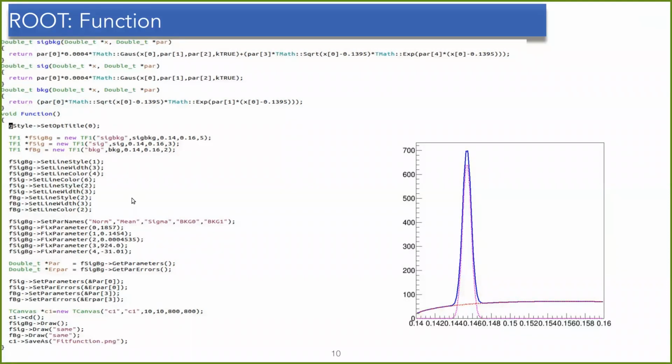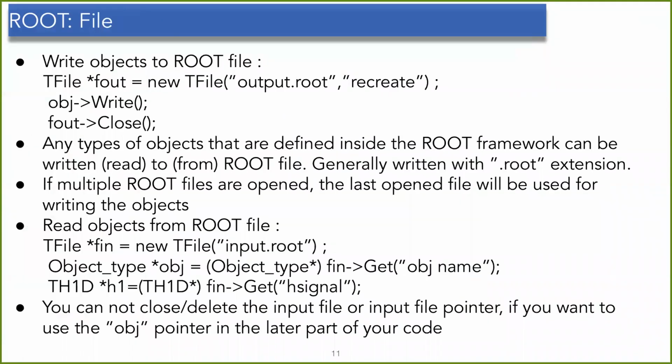Now another useful thing is to store root objects, like a one dimensional histogram or two dimensional histogram or THnSparse or function, in your root file.